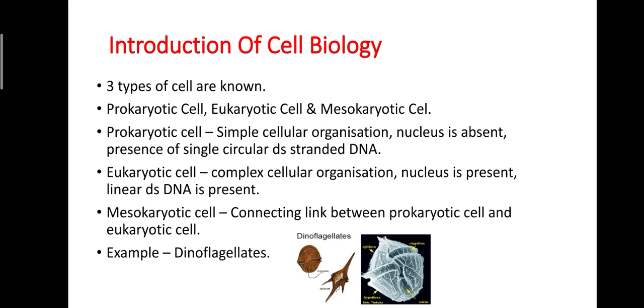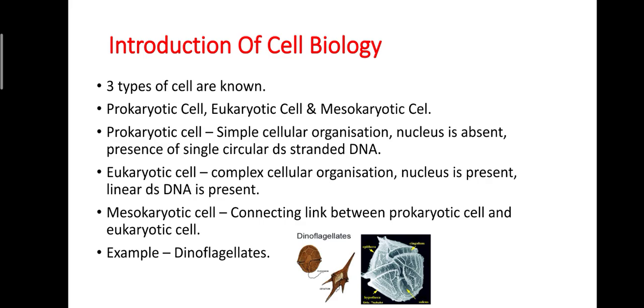So shortly, if you compare prokaryotic cell and eukaryotic cell, this prokaryotic cell has simple cellular organization and eukaryotic cell shows complex cellular organization. It means that in prokaryotic cell, cell organelles are absent, but in eukaryotic cell, cell organelles are present.